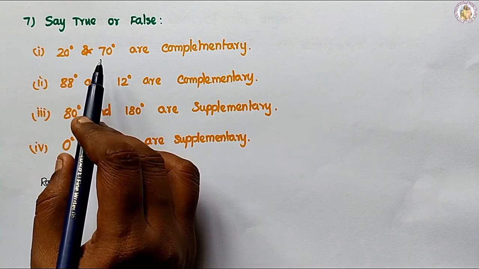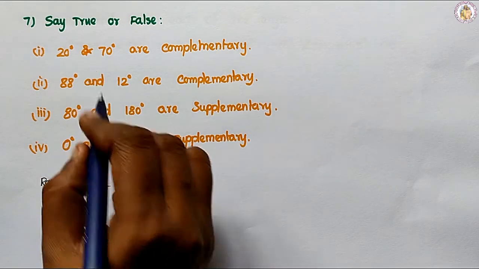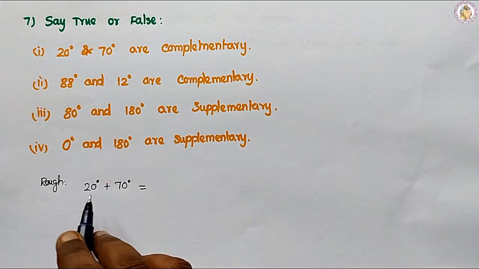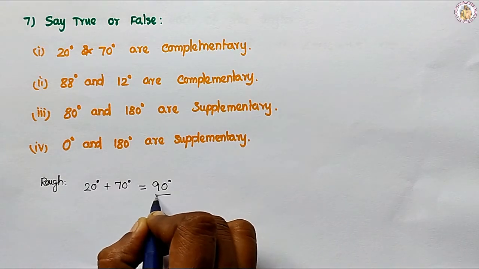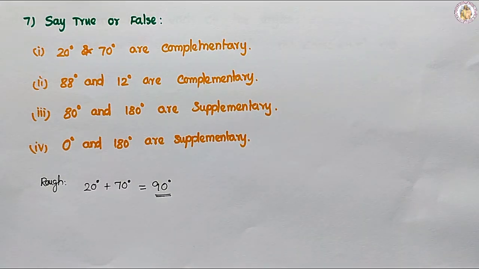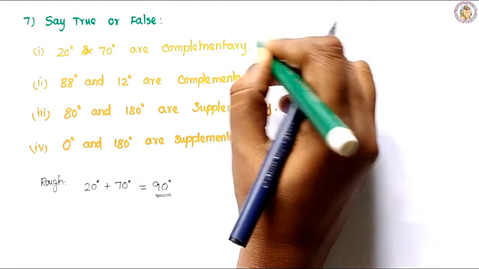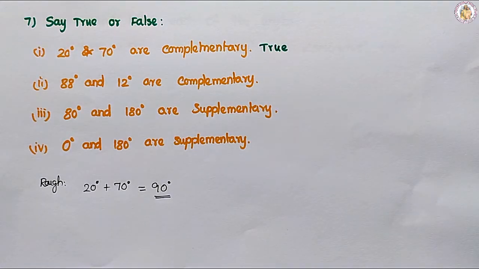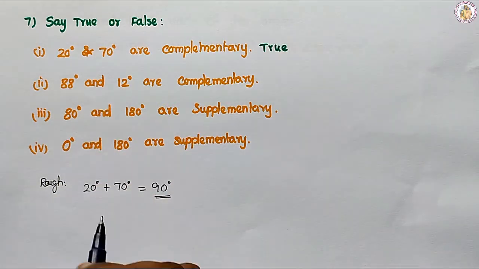Listen, 20 degree plus 70 degree. 20 plus 70, 90 degree. So that is complementary. So they given also complementary. That is true.